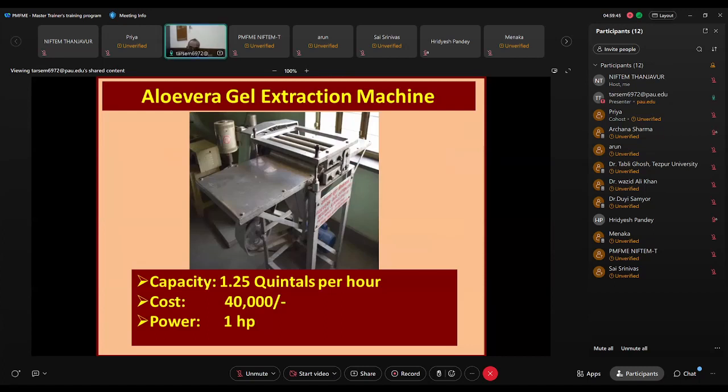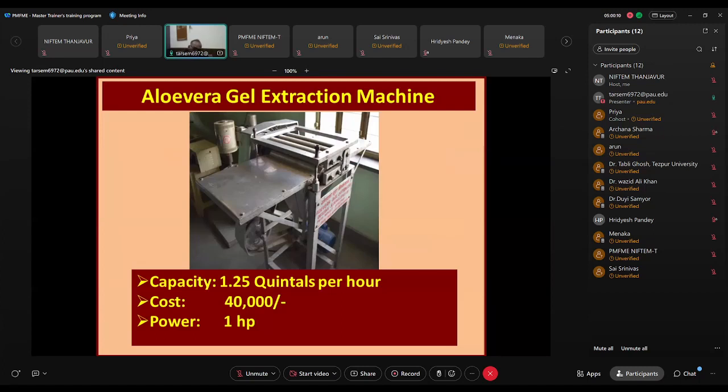So we are basically removing the outer rind using this machine. This machine has a good capacity, 1.25 quintals, cost comes out to 40,000 rupees, and it runs with a 1 horsepower motor. That means it will consume less than a unit of electricity per hour. So quite a useful machine.